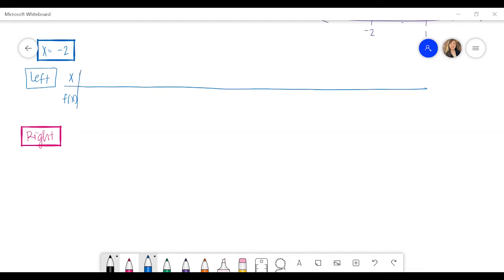Okay, we're moving around x is negative 2. As we approach that on the left, it may not hurt to just draw it out. If this is negative 2, negative 3 would sit over here, and negative 1 would sit over here. So let's start at negative 3.